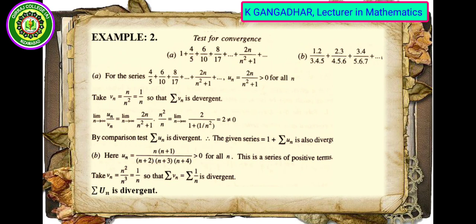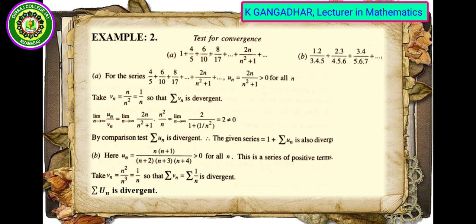In the denominator, the first terms start from 3, 4, 5, which is n plus 2. The second terms are 4, 5, 6, which is n plus 3. The third terms are 5, 6, 7, which is n plus 4.